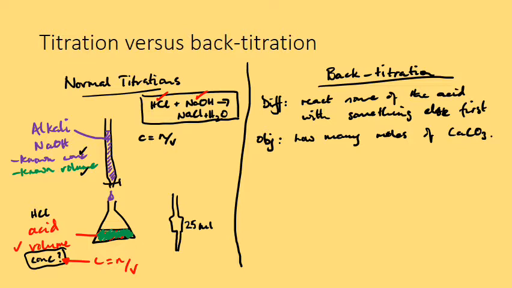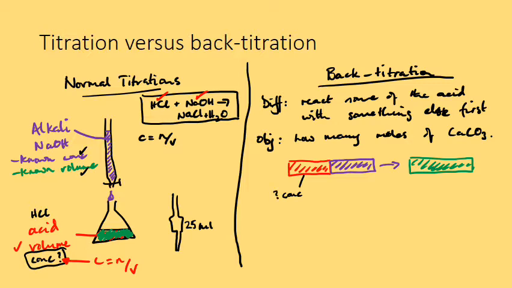So whereas in a normal titration you had a certain number of moles of acid and a certain number of moles of alkali, and you reacted those two together to get salt and water, which were neutral, for the acid you didn't know the concentration, but you did know the volume because you used your pipette.